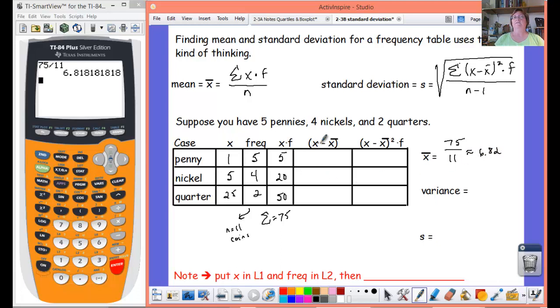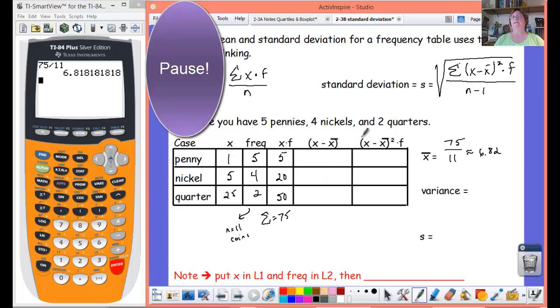All right, from there we should be good to figure a deviance for each of our coin types, and then what we need to do to find a standard deviation is square the deviance and multiply by frequency. Remember that f is this frequency. I'm going to ask you to pause the video and let's do this work.